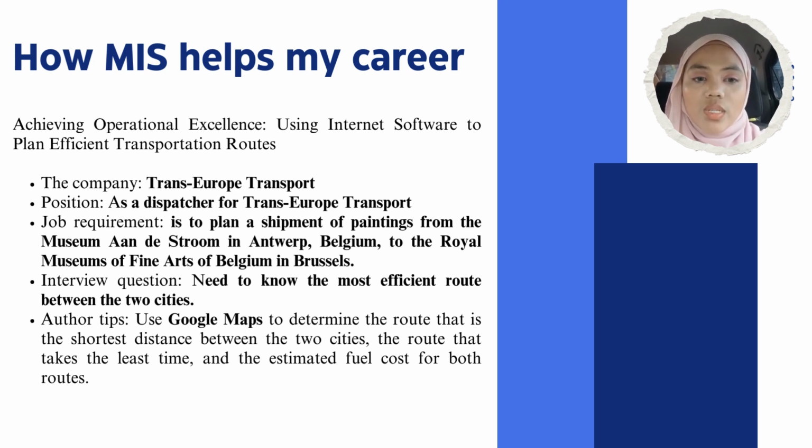The shortest route saves fuel, while the faster routes ensure timely delivery, though they may cost more. Google Maps also helps estimate fuel expenses for better budgeting. For time-sensitive shipments like artwork, choosing the fastest and most reliable route ensures safe and efficient transportation.